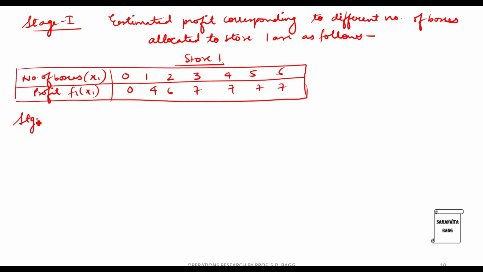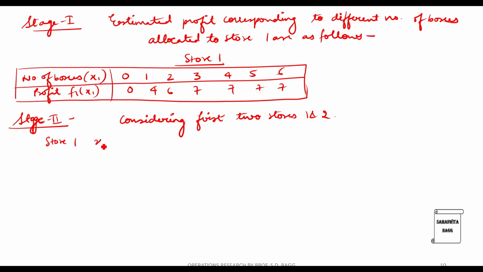Now I'll go to stage 2. Now I'll consider the first 2 stores. I will write down store 1, with values x1 and f1 x1. These 2 values we need to write down. Then we will talk about store 2.